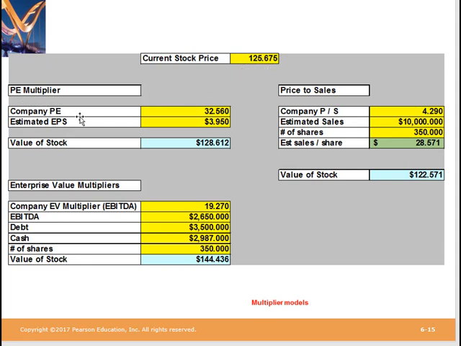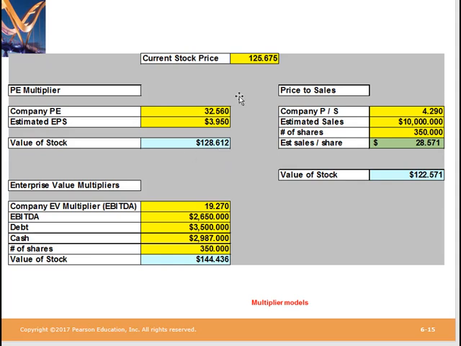The PE multiplier, we put in the company's PE, you're told it's 32.56. Estimated earnings per share 3.95. So that gives us a value of stock of $128.62. This is the value 1 year from today.